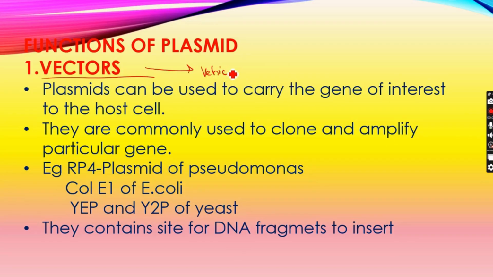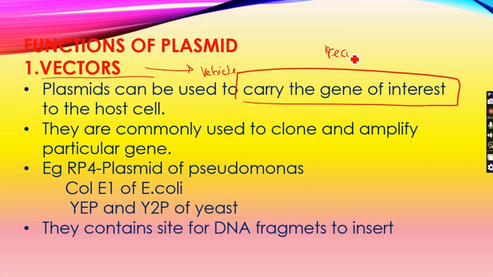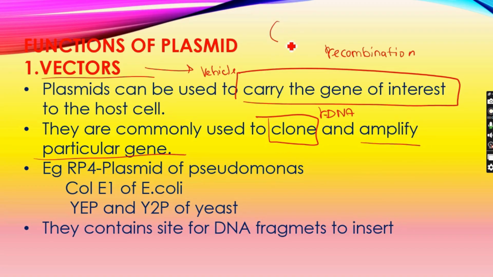A vector is a molecular vehicle, which means it can carry a gene of interest during recombination technology. It is helpful in production of rDNA, that means recombinant DNA. Plasmids are commonly used for cloning during the genetic technologies and to amplify a particular gene. In the plasmid, a region where it can be cut, a restriction site, is going to cut, and the gene of interest is going to be integrated into it, and the plasmid is going to be introduced into the bacterial cell.